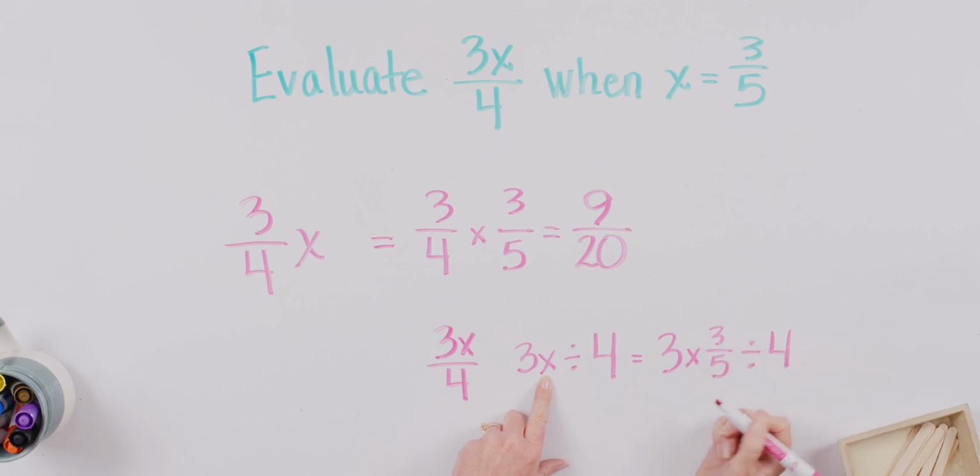Now again, multiplication and division, when they're both in our expression, we go left to right. So I'm going to solve this first. 3 times 3/5 is going to give us 9/5. So now we're going to take our 9/5 and divide it by 4.